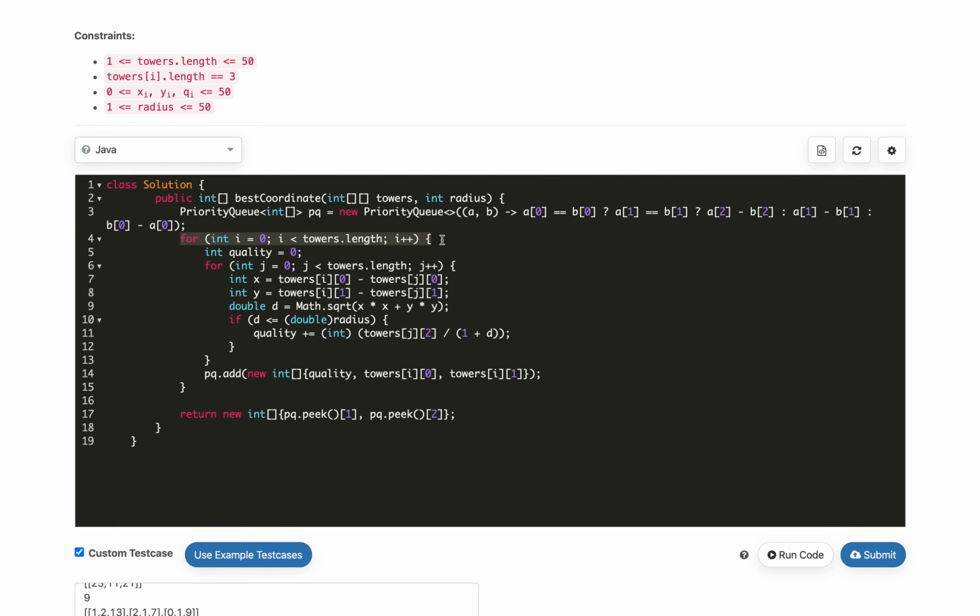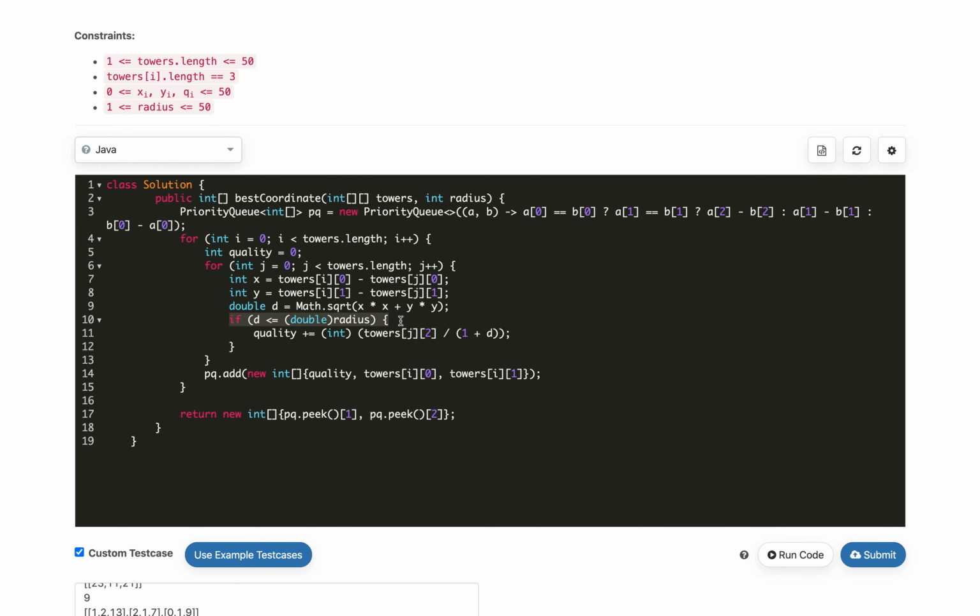Here I am running one for loop over the towers for the quality, and then another loop to compare against all the other towers, including the tower itself. This is the x distance between the two towers ti minus tj, and then the y distance, and then the Euclidean distance, which is the square root of x squared plus y squared.